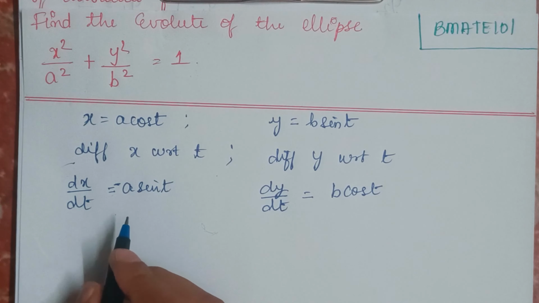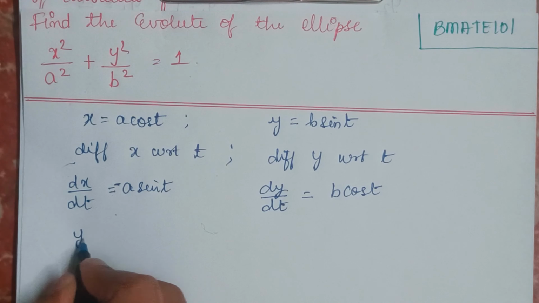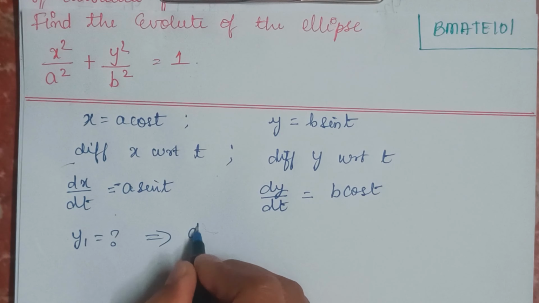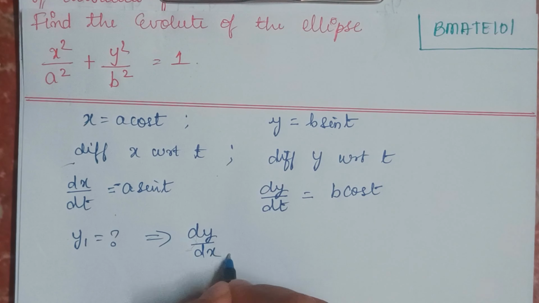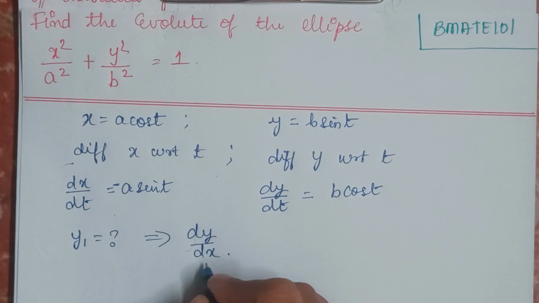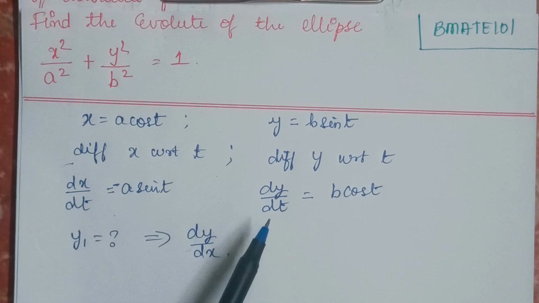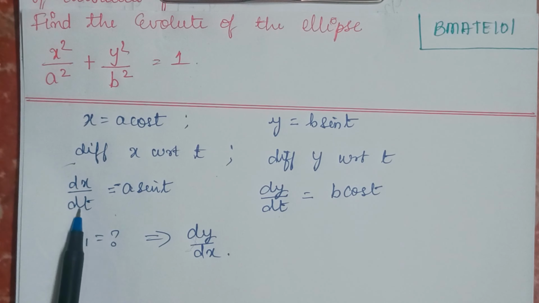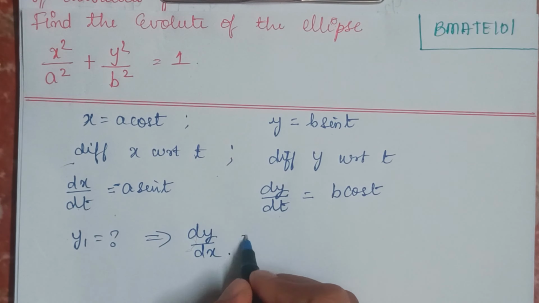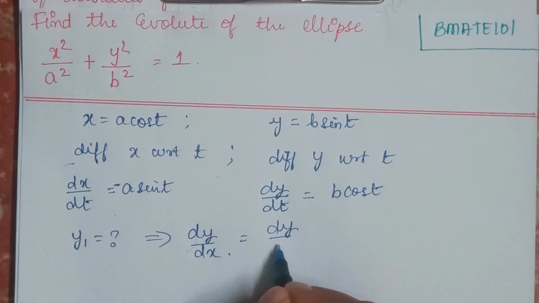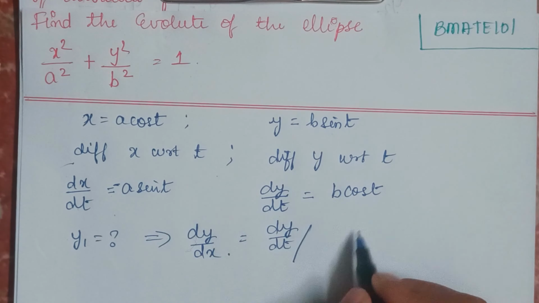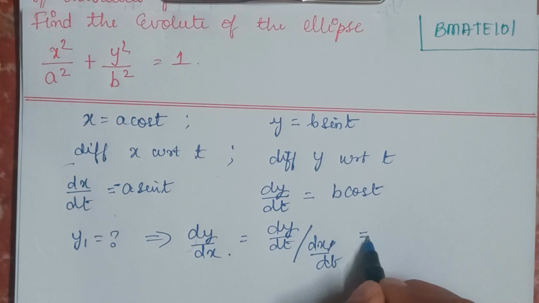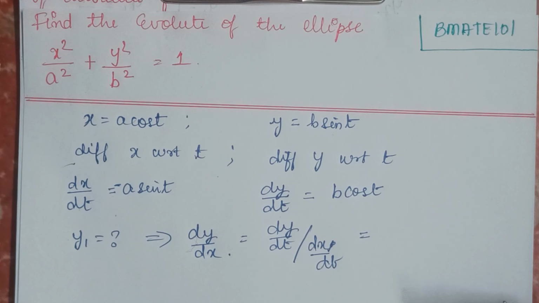So what do we have to find? Y1, correct? Y1 is what we have to find. So this is also dy by dx, correct? So how can I find dy by dx? Can I divide dy by dt by dx by dt? I can do that, right? So what I'll do, dy by dt divided by dx by dt. I'll just write it so that it becomes little easier to understand.